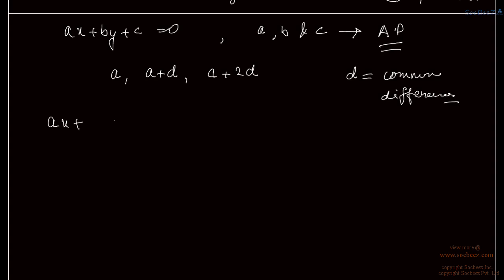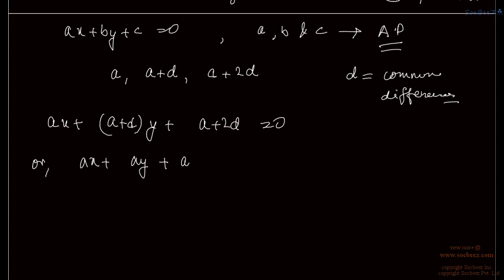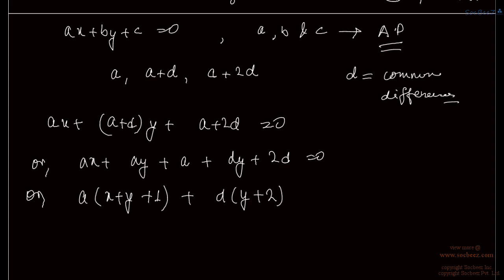Substituting these values in this equation, ax plus, in place of b we can write (a plus d) times y, in place of c we can write a plus 2d, is equal to 0. Or this line is ax plus ay plus a plus dy plus 2d equal to 0. Taking a as common, x plus y plus 1, plus taking d as common, y plus 2, is equal to 0.